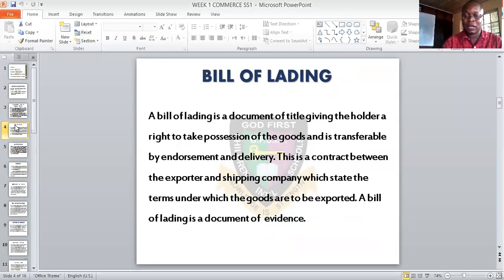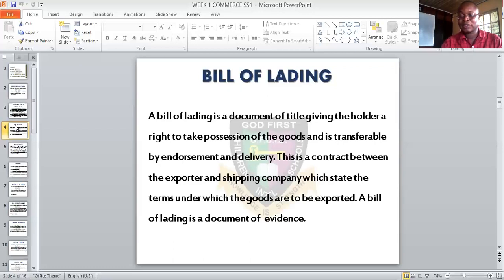This bill of lading is also a contract between the exporter and the shipping company, and it states the terms under which the goods are to be exported.